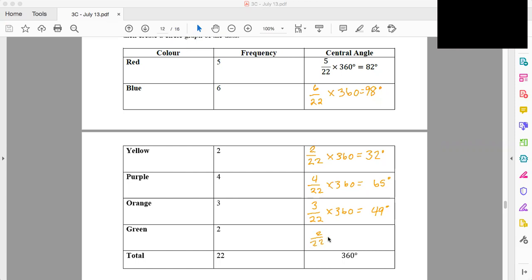And 32 degrees. Okay, we're not going to do the pie graph together right now.